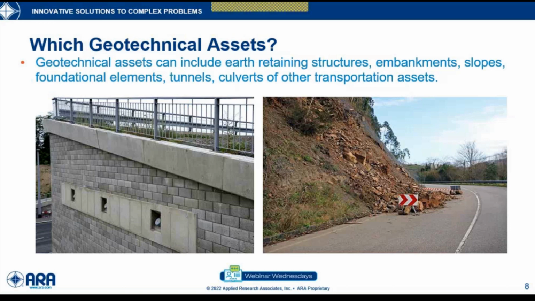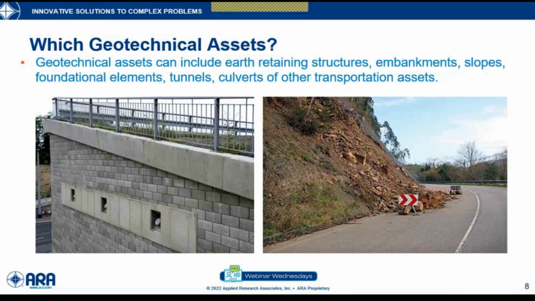Which geotechnical assets are we referring to when we're talking about geotechnical asset management programs? That term, geotechnical assets, can be a little bit wide, and it depends on what the agency wants to define as geotechnical assets. It could include retaining structures, embankments, slopes, and foundational elements of other transportation assets, such as bridges, for example.